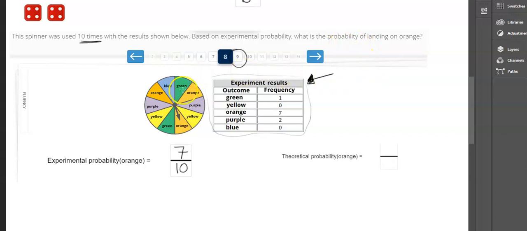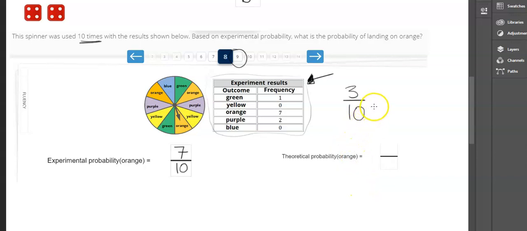So the first thing we need to do is get the probability of landing on orange from the spinner here. We know that there are 3 oranges within the spinner, and all up there are 1, 2, 3, 4, 5, 6, 7, 8, 9, 10. There are 10 counters or wedges all up.